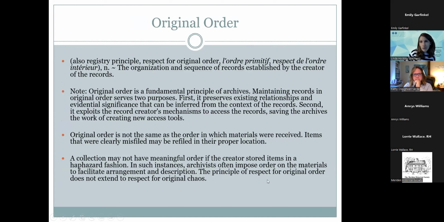So the second principle of archival description that you need to be aware of is original order. This is another fundamental principle of archives. Maintaining the records in the order in which they were created will not only help preserve the relationships within the records and the evidence of how the creator worked, but it will also give you a way to make the records accessible.